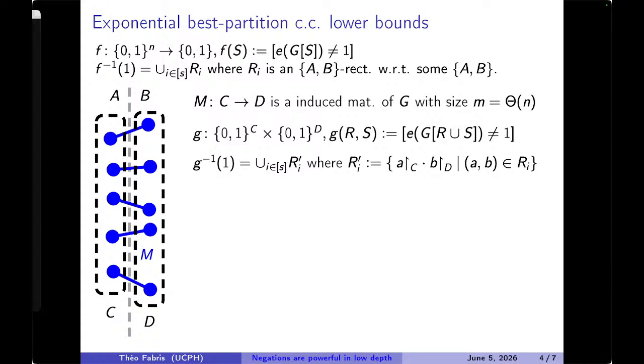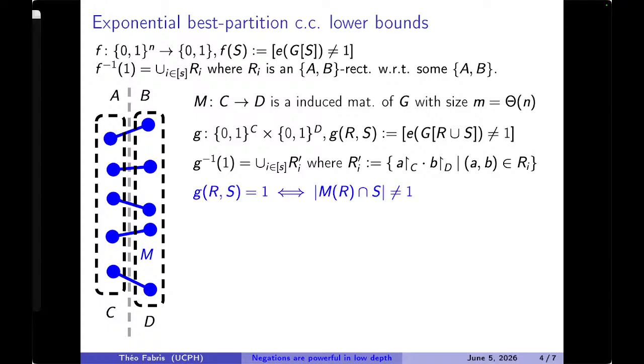And then we have already reduced the problem of proving a lower bound for f to just proving a lower bound for the two-party non-deterministic communication complexity of G, where the partition is this C and D. Okay, so that's what we are going to do now.